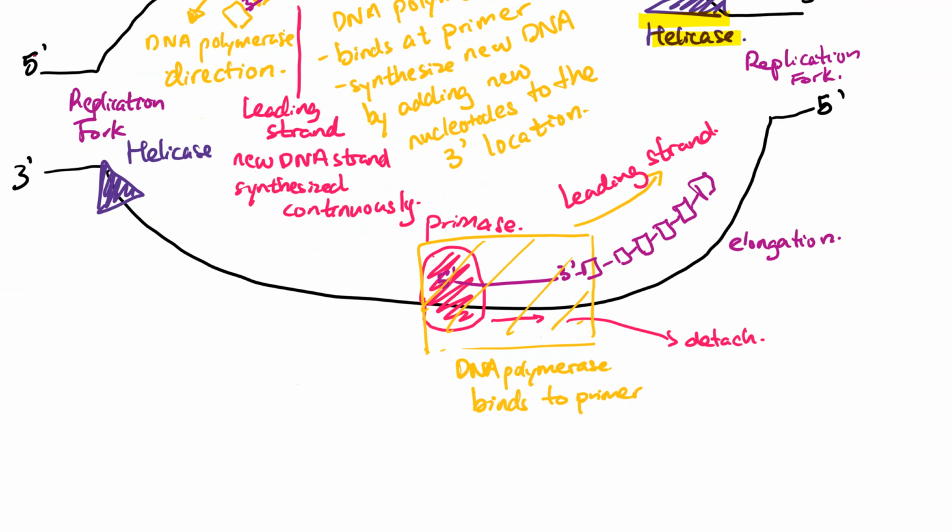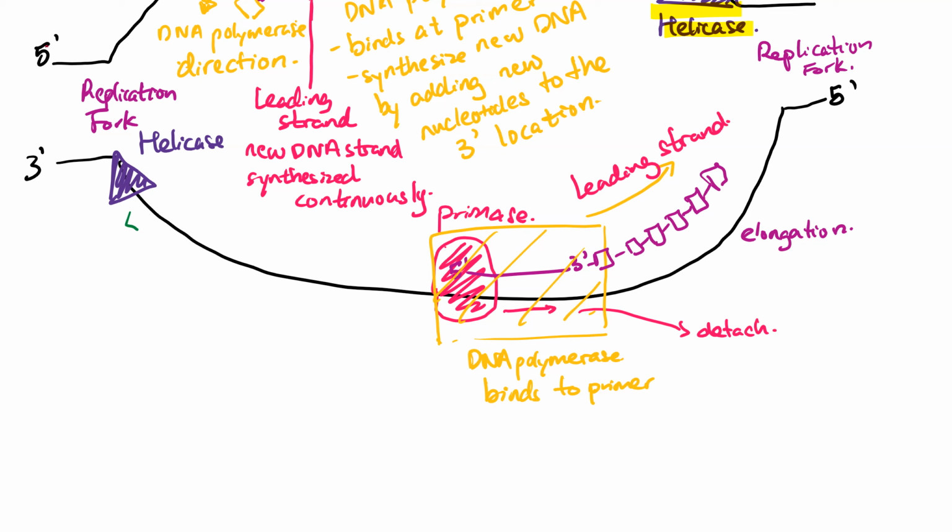Okay? So what happens to these strands over here, right? Because this DNA polymerase is unable to move in the 5' direction. It just can't. So it has to move to the right, which is the 3' direction, as new nucleotides are being added at the 3' end over here. So what happens is a new primer has to be synthesized here with the help of primase.